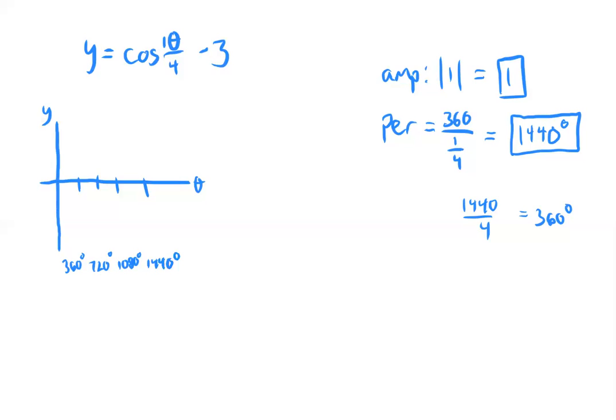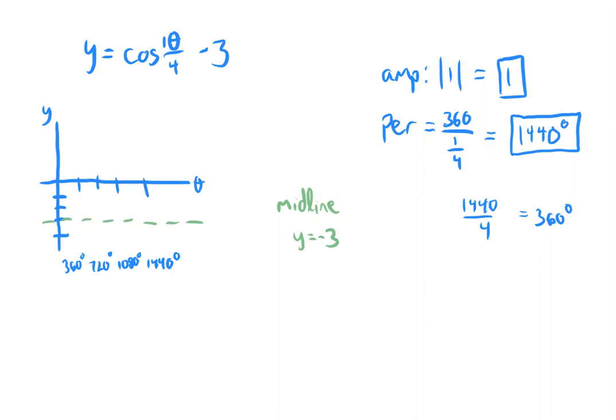So this one, I'm labeling my y-axis. We're going down 3. So I'm actually gonna go down 4 because the amplitude is 1. I'm gonna draw my midline. So my midline is gonna be y equals -3. And the midline, think of this like your new x-axis, your new theta axis.